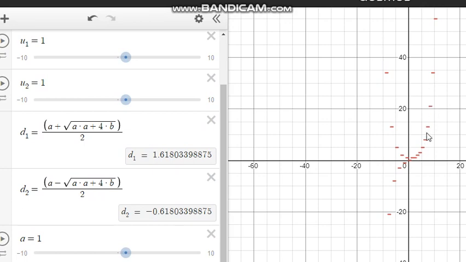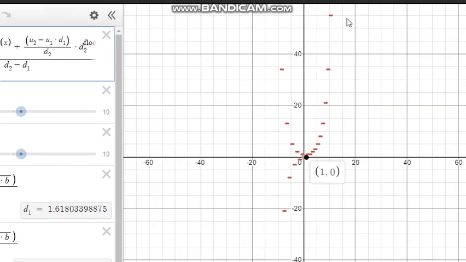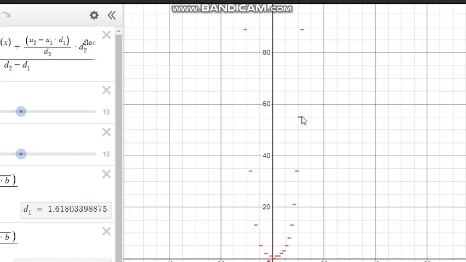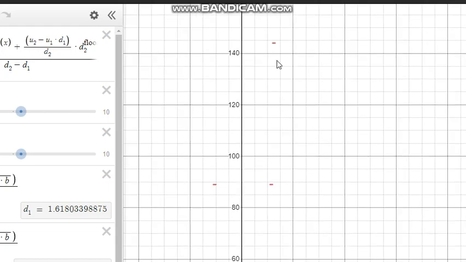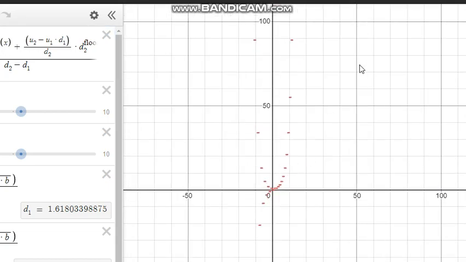And what is it? Fibonacci. As you can see, this has negative roots, but just wish they didn't exist.